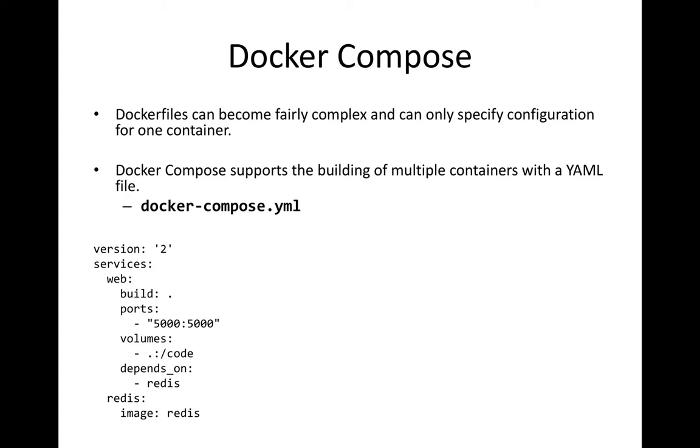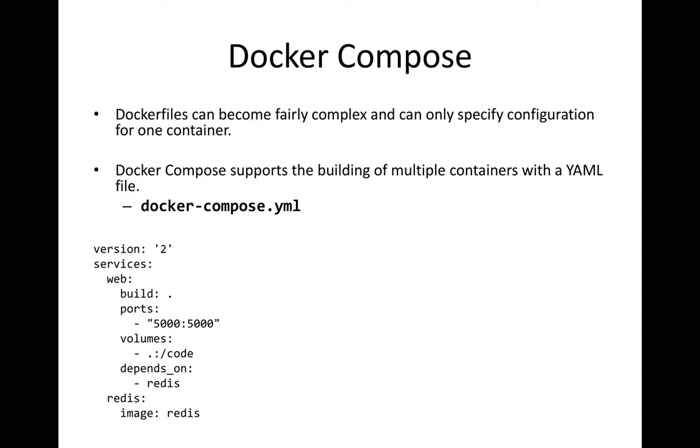And we can use Docker Compose to specify how each of those containers should be run and how they might be connected together. We don't use Docker Compose much in this course. That might change in the future as I add more Docker material, but I just want you to be aware that you can use Docker Compose. Again, we use it to deploy a set of containers, usually an entire application that consists of multiple containers.